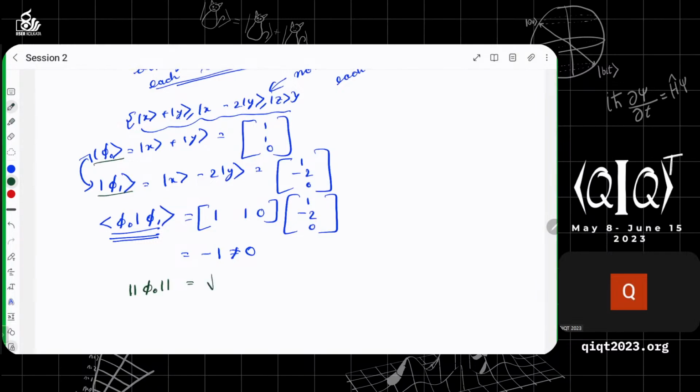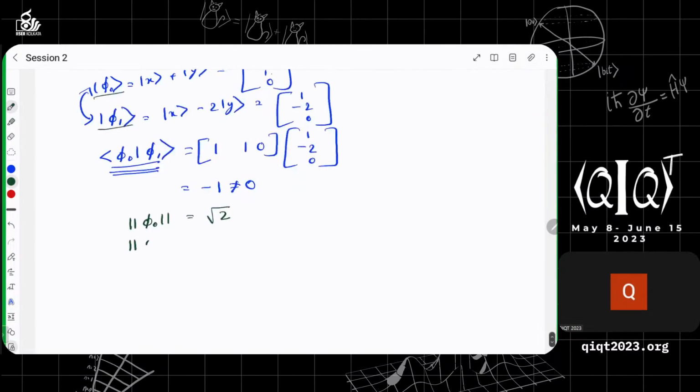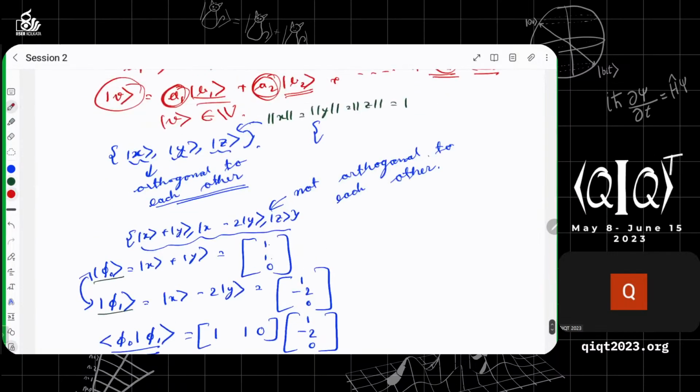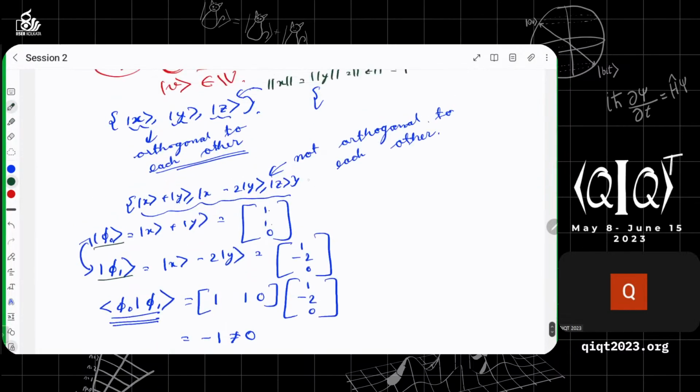It is basically root 2, because it is the square root of 1 squared plus 1 squared. And norm of phi 1 is root 5. So they might not be unit vectors, or in other words, they might not be normalized.